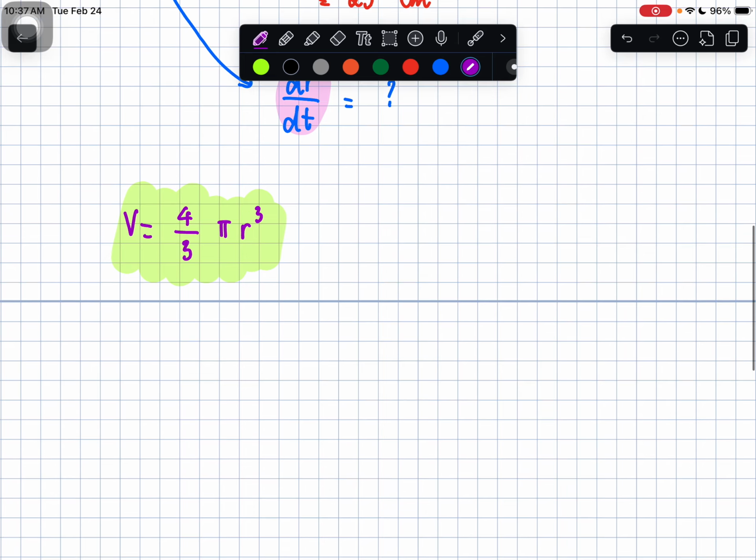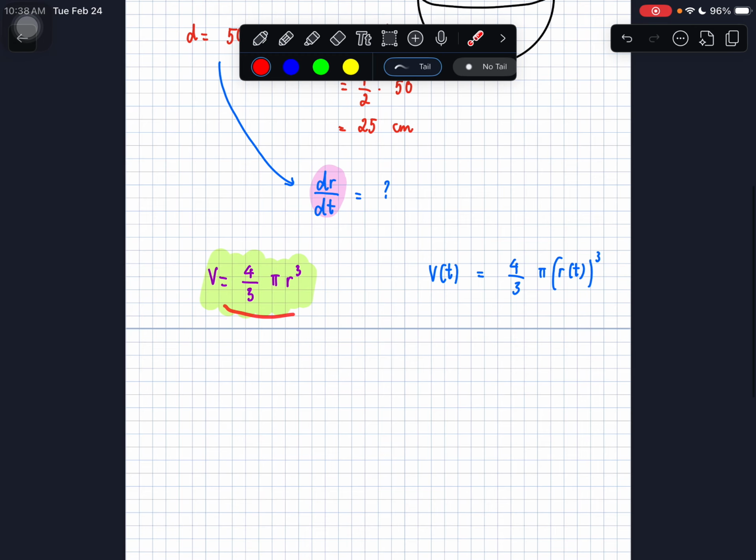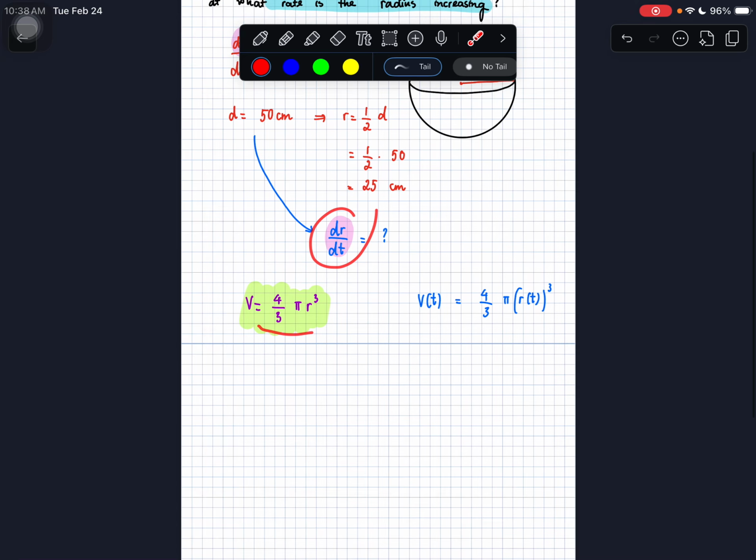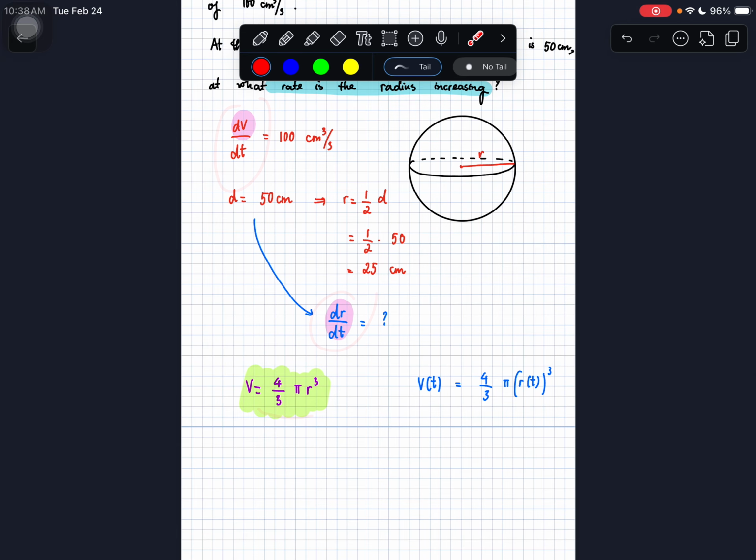The volume and the radius depend on time. As time changes, the volume keeps increasing and the radius increases. So volume depends on the time t, and the radius also depends on the time t. Now we need to compute dr over dt. We already know dV over dt.